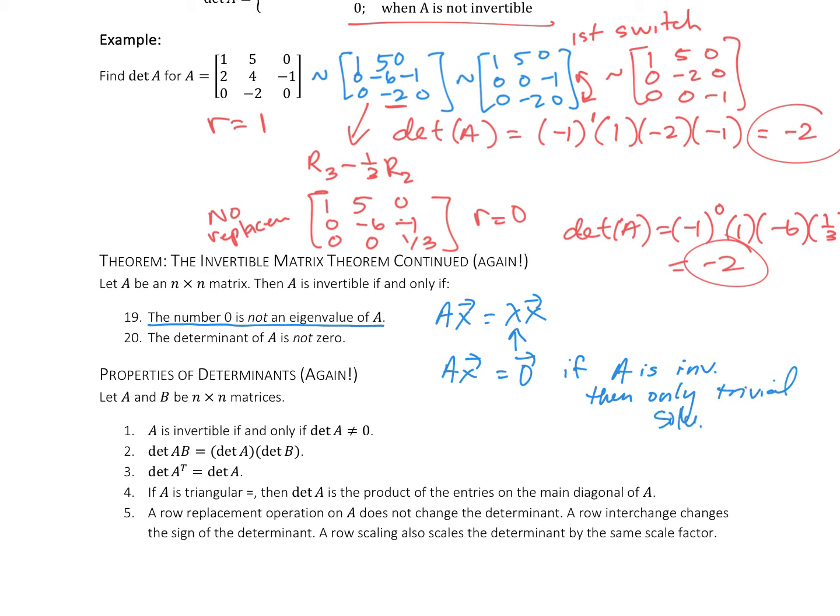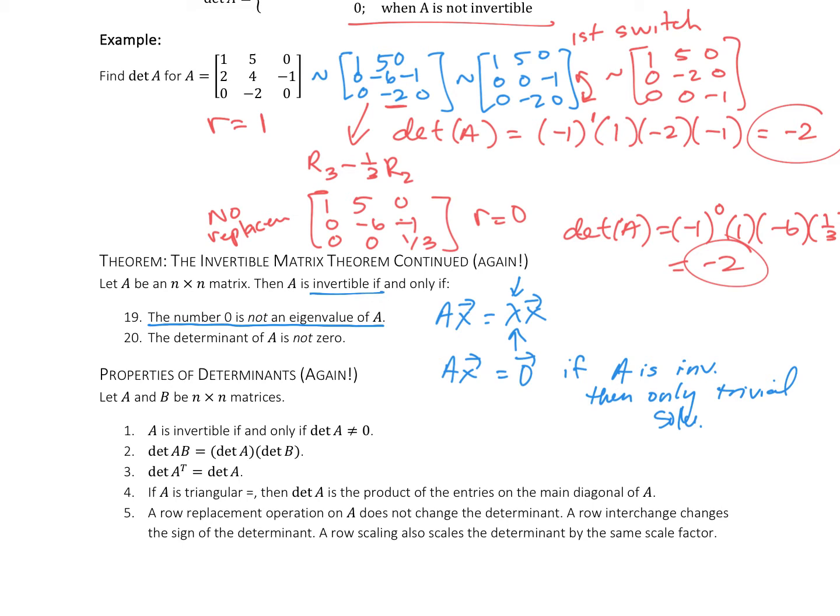But in order for 0 to be an eigenvalue, A has to be not invertible. So 0 not being an eigenvalue means that A is invertible, and we can keep going on with our lives.